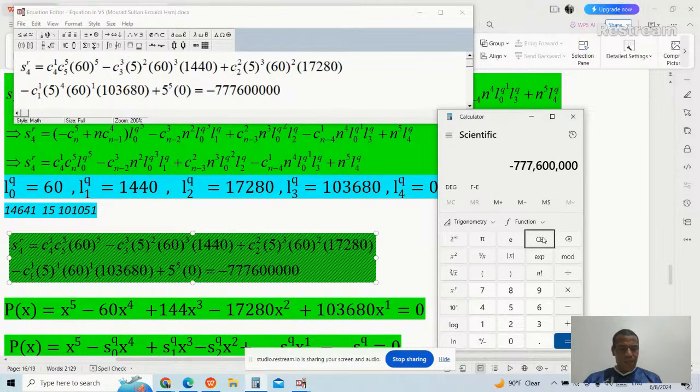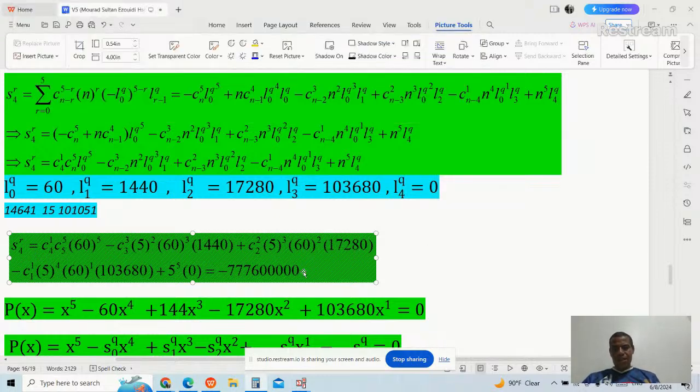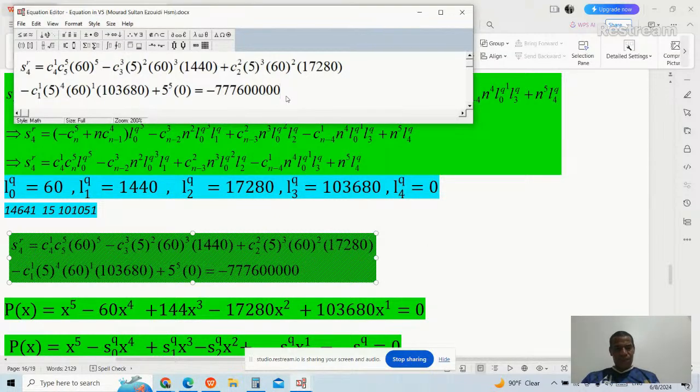I will divide by, between parentheses, negative 60, close the parentheses, raised to the power 5. So this one has to be equal, in fact, to 1. Means that I can write it here, in fact, equal to between parentheses negative 60 raised to the power 5. I close the parentheses.